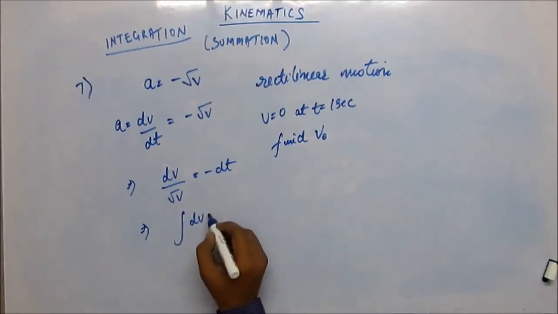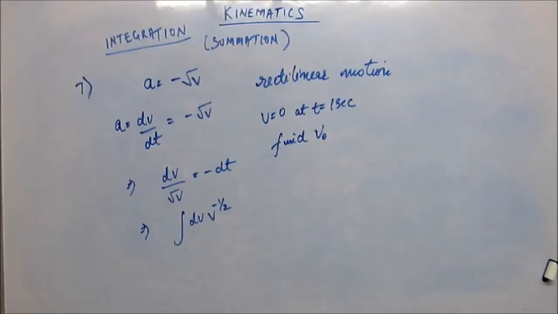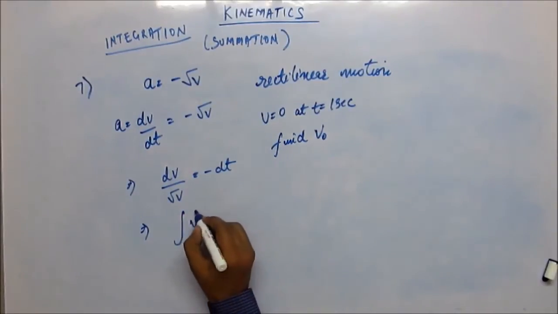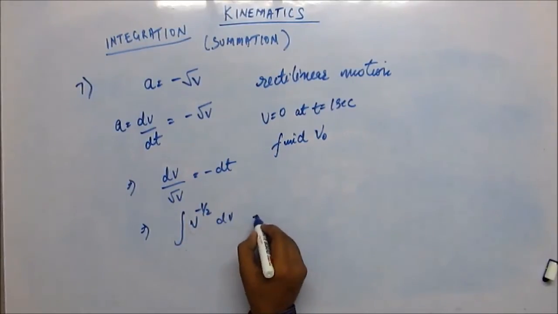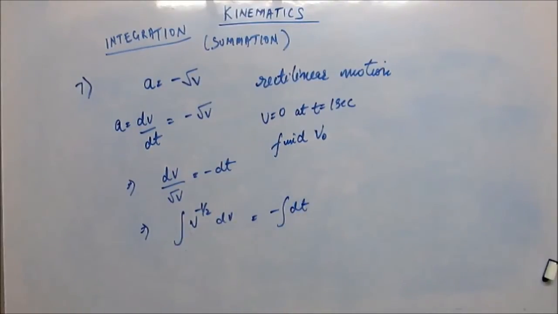dv upon root v. I'm writing 1 upon root v as v to the power of minus half, because it helps. We know the formula for v to the power n. So we can easily find the integration of v to the power minus half. Properly we should write it like this: integration of v to the power minus half dv is equal to integration of minus dt.